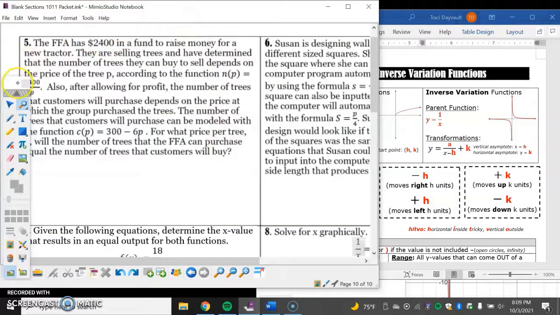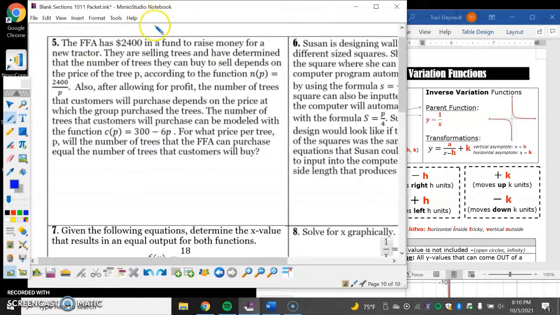Okay, next, let's look at this in terms of some word problems. This is a long word problem. It says FFA is selling trees, and it tells us that the number they can buy depends on the price. So we have price, which is P, and the number they could buy, that is like the output. Then they also have an equation that tells about the number of trees depending on the price.